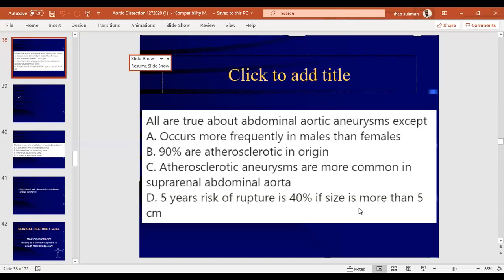So these are the chest X-ray findings of acute aortic syndrome.